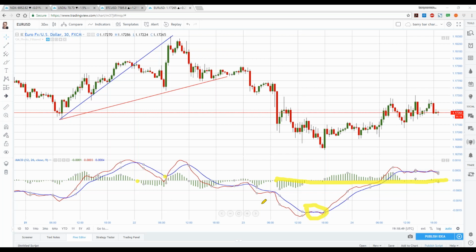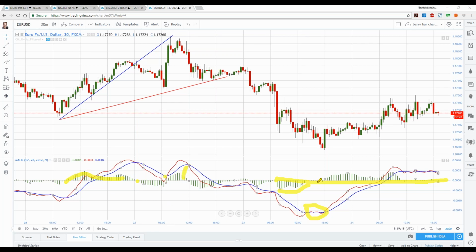The more significant the movement is between the two, the higher or the lower these valleys and mountains will be. When you get large mountains, in this case we don't have any, that's also telling us what kind of momentum it has, and could also be telling us that the markets are getting overbought or oversold.